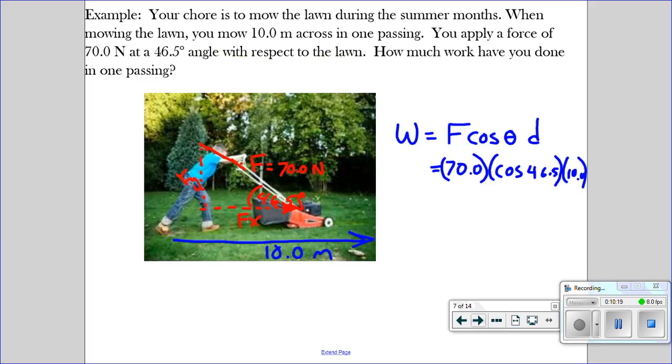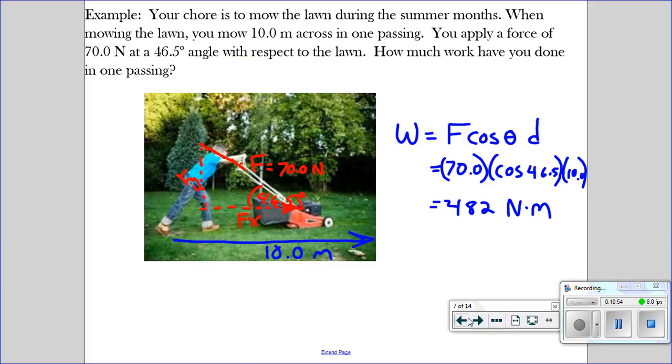When I solve this out, 70.0 times cosine of 46.5 times 10, I get a total of 482 newton meters. Rounding to 3 sig figs because second semester sig figs still have not gone away.